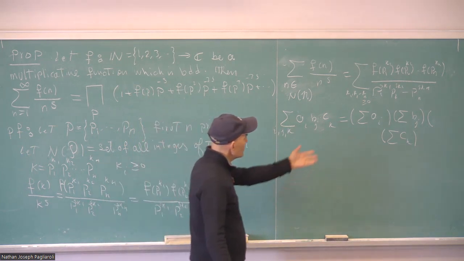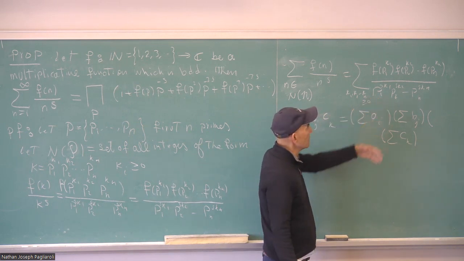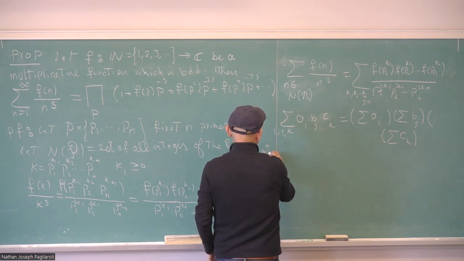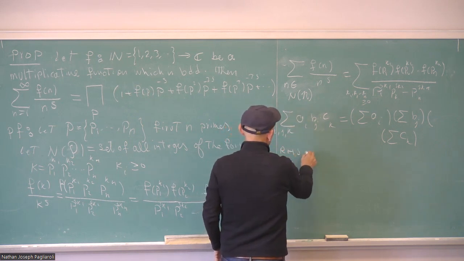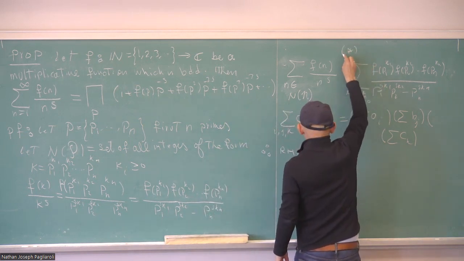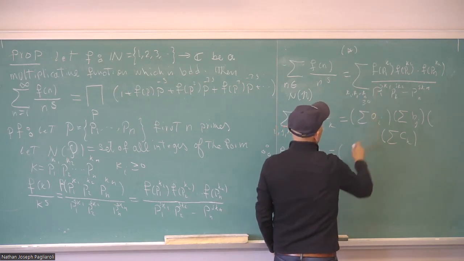All right. So using this, I can decompose the right-hand side of star as a product of these terms.